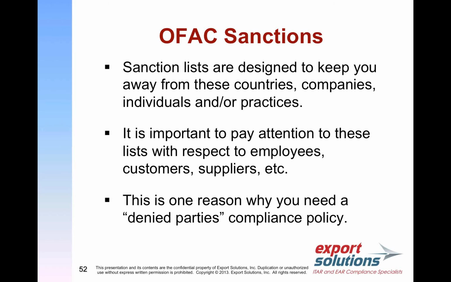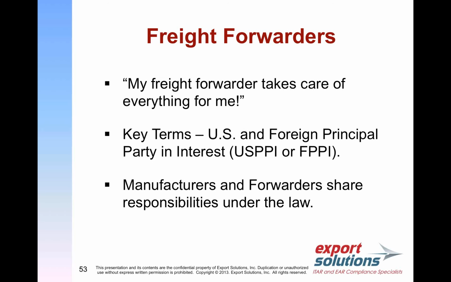Key terms when you're talking about freight forwarders are U.S. and foreign principal party of interest, U.S. PPI or the FPPI. Generally, when you're the U.S. PPI, you have a very, very long, it's not a registration number, but it's an identification number. Your U.S. PPI number is a big, long number, and you would have to have the power of attorney to give that number to your freight forwarder so that they can file on your behalf.